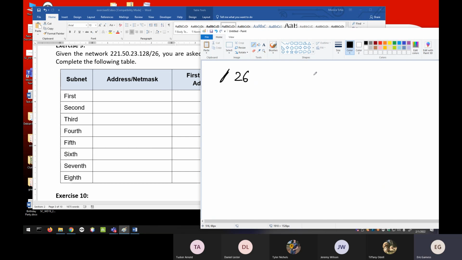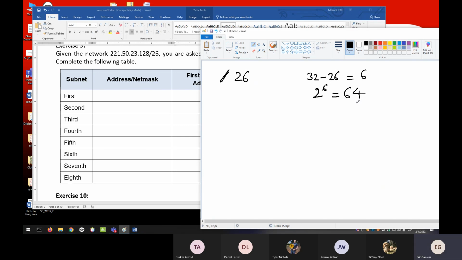If it is a /26, how many IP addresses does the original network have? 32 minus 26 gives me 6. 2 to the power of 6 gives me 64. So the original network has 64 IP addresses.